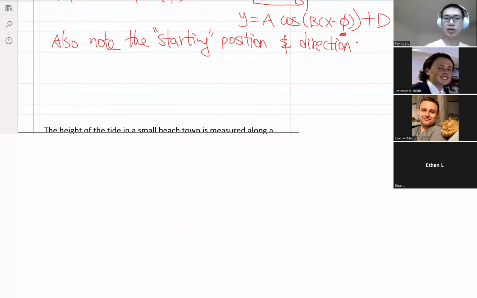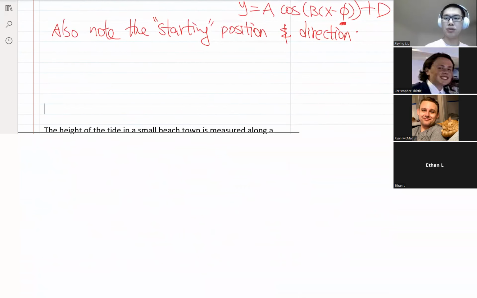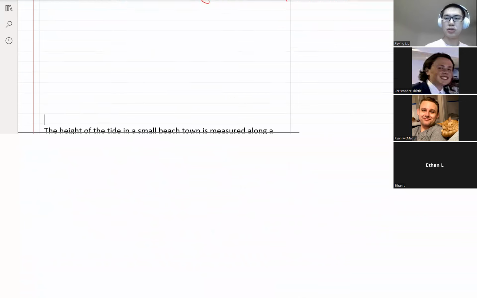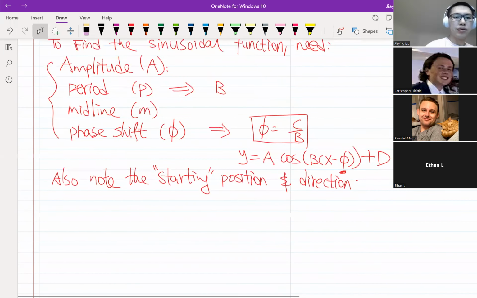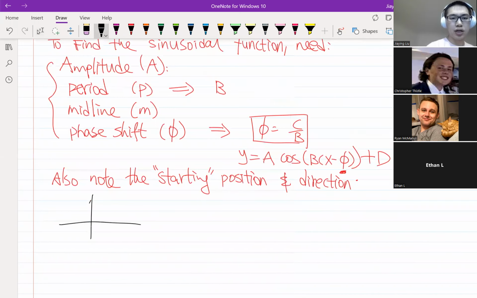let me just give myself a little bit more space here. So just to recall, the sine function goes from the origin, up and down on both sides.